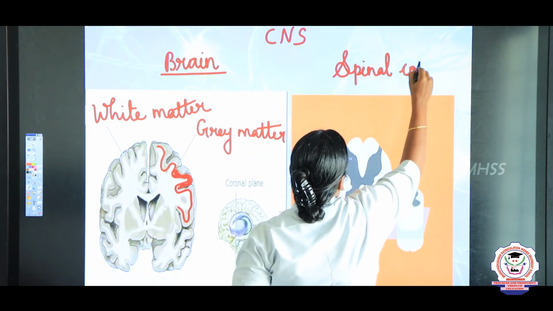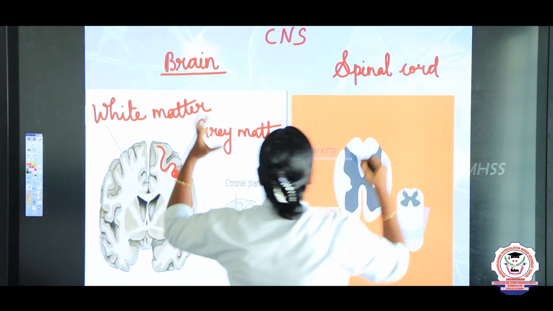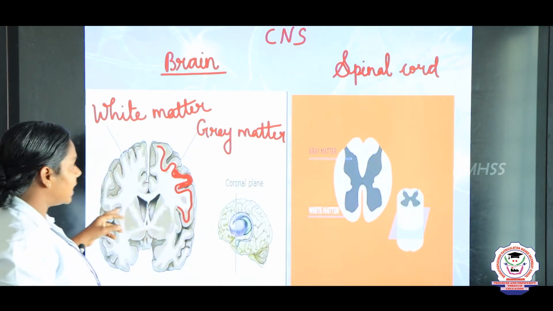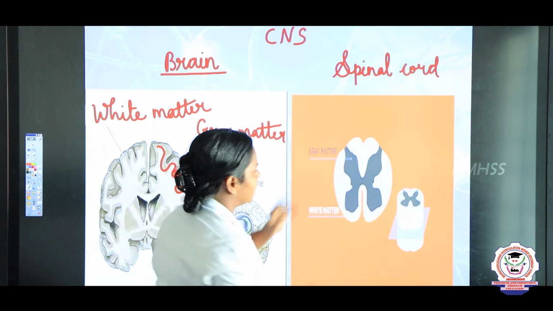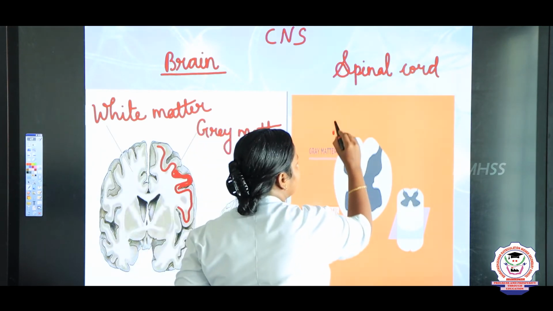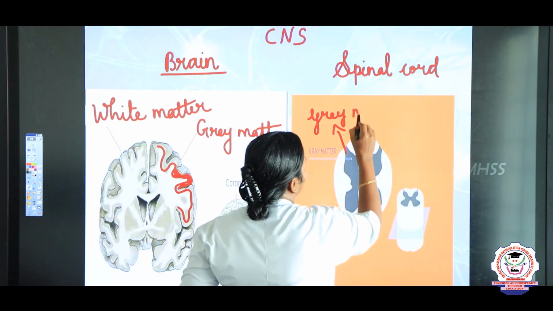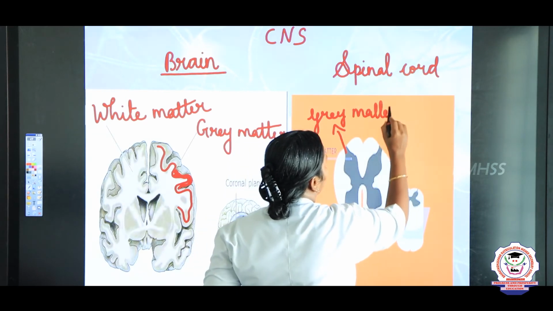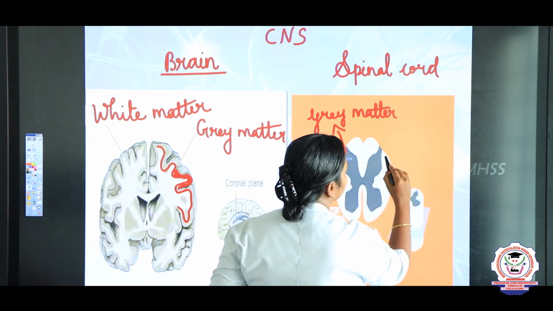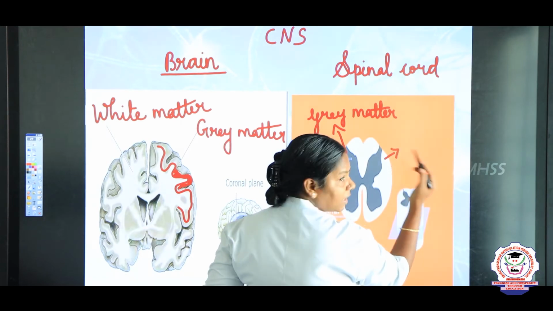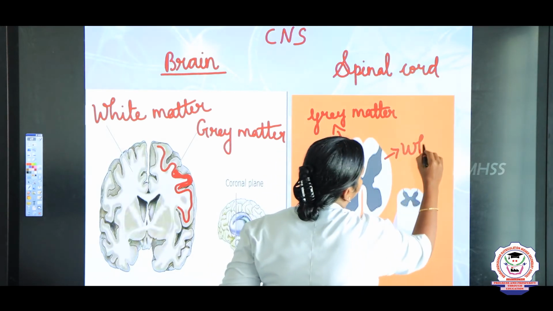The one main difference between the brain and the spinal cord is that, children, here you can see, the grey matter is present inside, that is in the medulla, and the white matter is present on the peripheral regions.